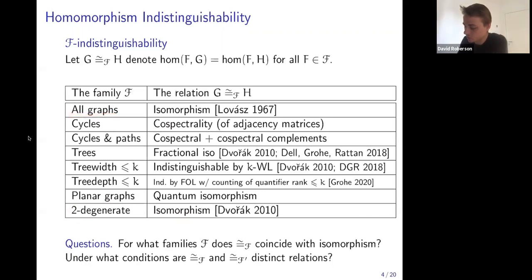And the other exception is, okay, technically cycles and paths is not closed under minors, but if you take disjoint unions of cycles and paths, and also disjoint unions of trees, these are minor closed. And it doesn't change the relation to close under disjoint union. But cycles are not minor closed, even if you close it under disjoint union. And so that's a bit of an exception, but this is also the only relation here that is not closed under taking complements. So maybe sort of restricting to minor closed families is somehow natural.